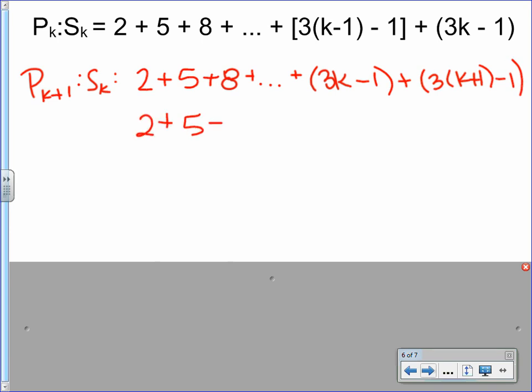What does that simplify down to? k plus 2. Yes. Three times k plus 1.